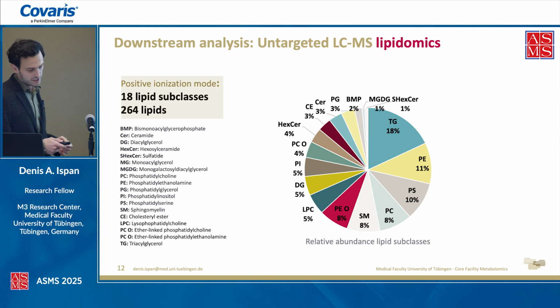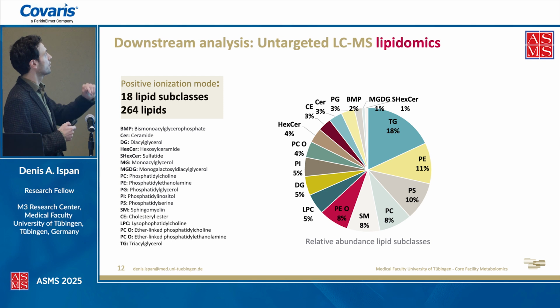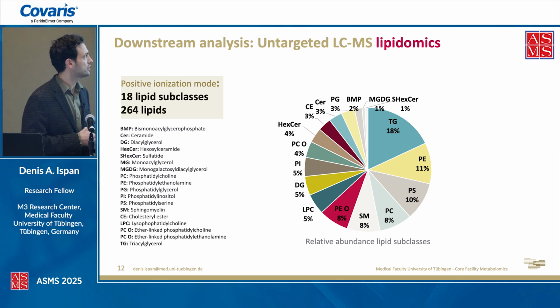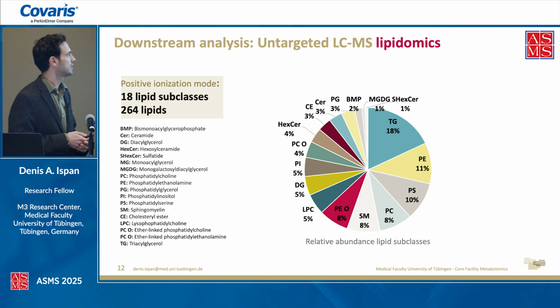Then, using the two-phase extraction that I showed you earlier, we got one of the phases for the lipids, and we ran only positive ionization mode. We annotated here 264 lipids across 18 lipid subclasses. Here's just an abundance pie. You can see that the highest were the TGs and the PCs, PS, and so on.